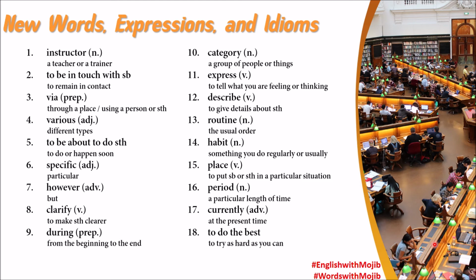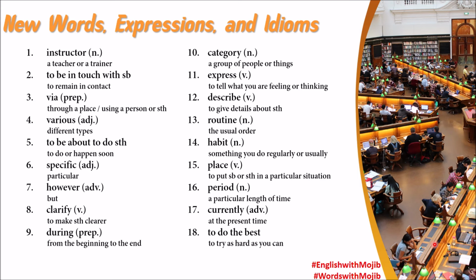During, from the beginning to the end. The British pronunciation of this word, number 9, is during. Number 10, category, a group of people or things. 11, express, to tell what you're feeling or thinking. Describe, to give details about something. Routine, the usual order.